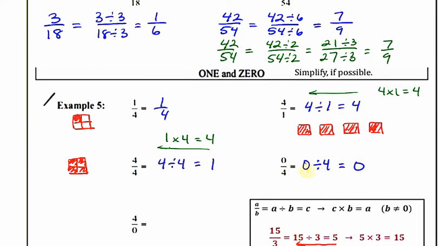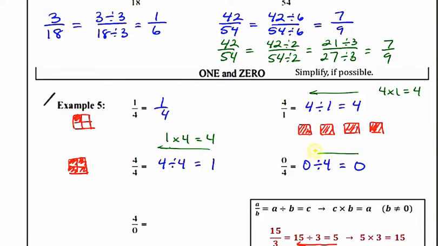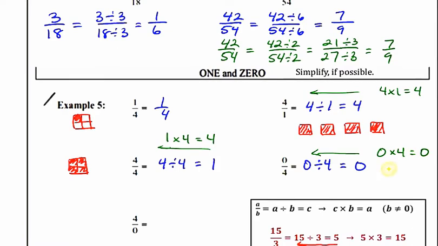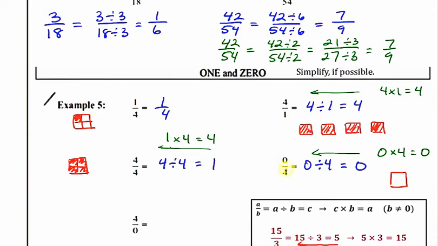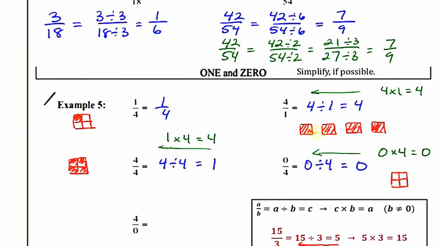The reason we know this quotient equals 0 is because the corresponding multiplication problem formed in this direction would be 0 times 4 equals 0, which we know is true.